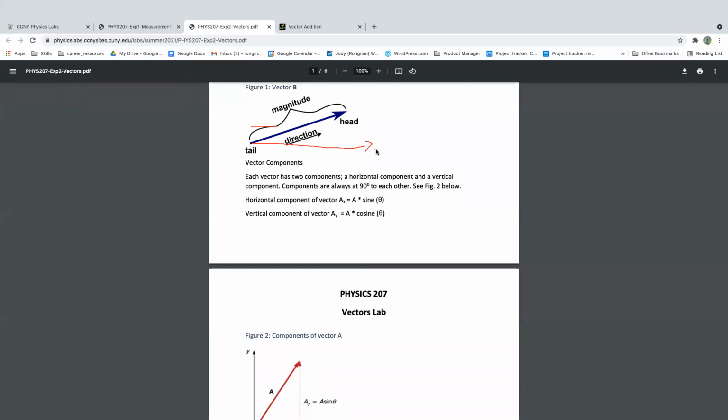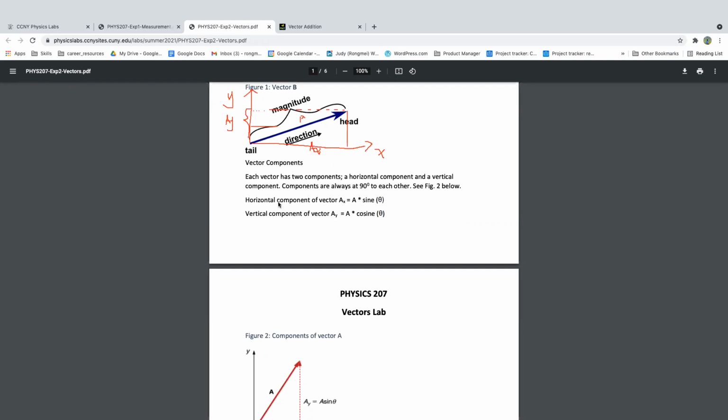So let's say this is the x axis, this is the y axis, and this is A. This will be AX, and this one projected along the y axis will be AY, the vertical part.